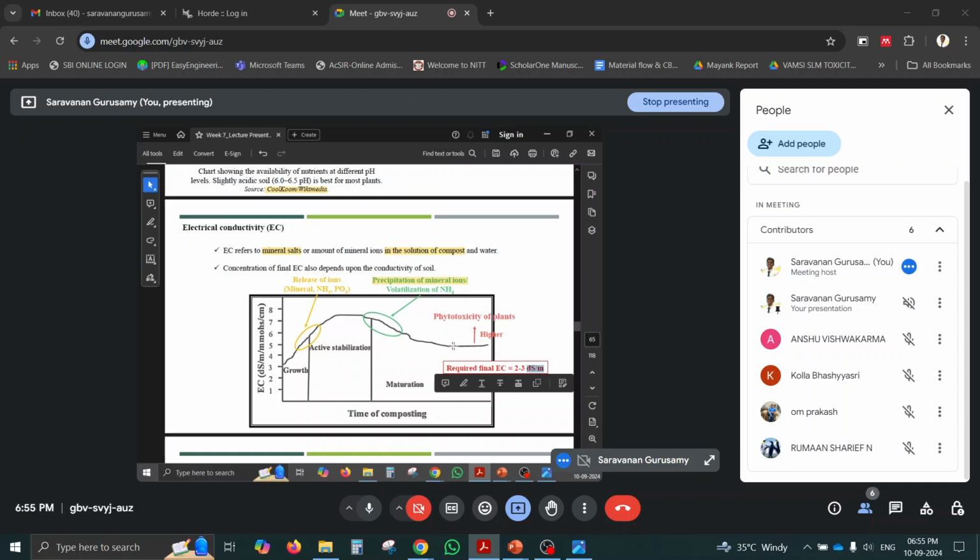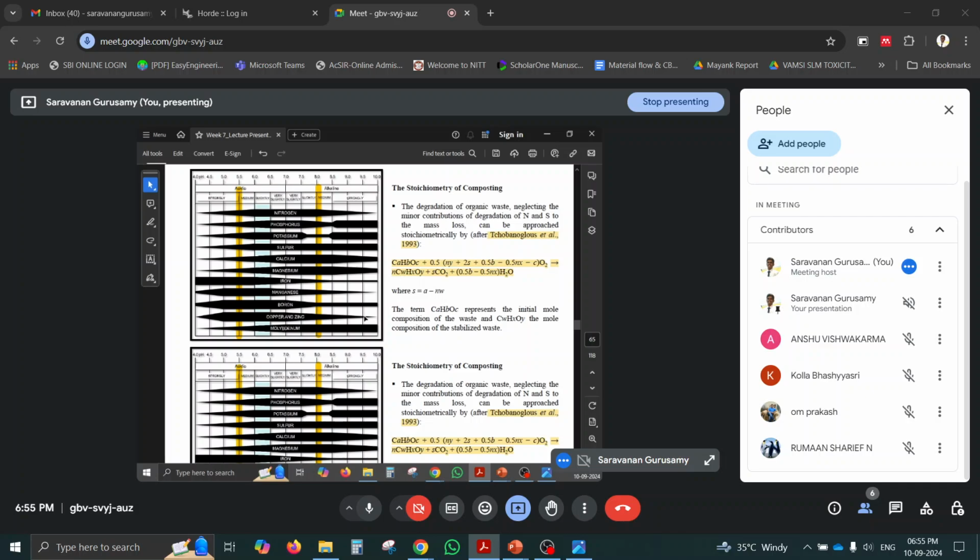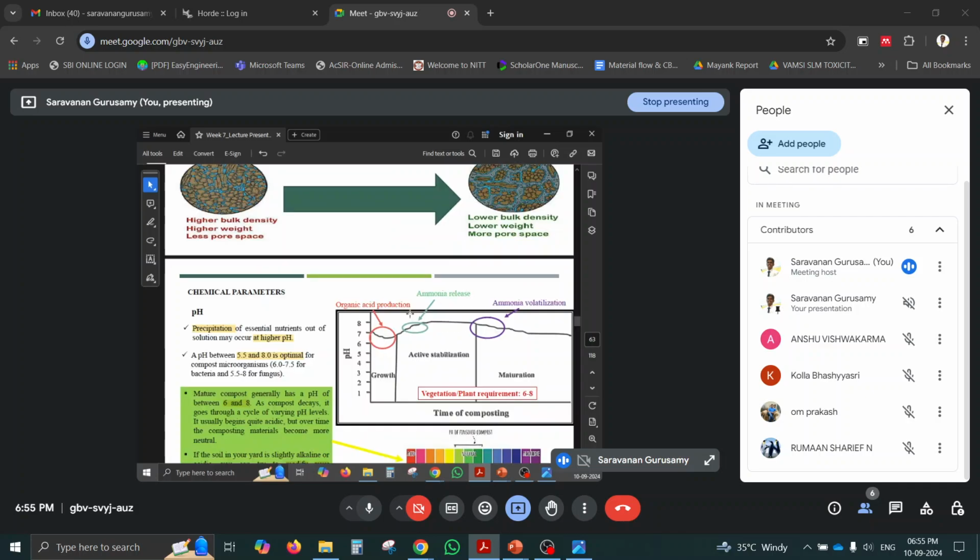In the initial growth phase, the conductivity will be very low because no degradation has happened. But during the active decomposition and stabilization process, most of the ions will be released. That's why the electrical conductivity is higher. After that, at the higher pH, which we have seen happens in the active stabilization phase, the minerals will be precipitated.